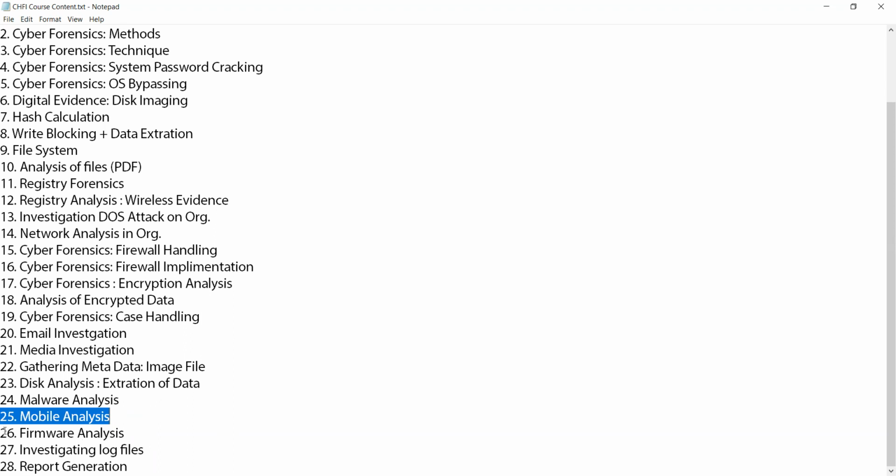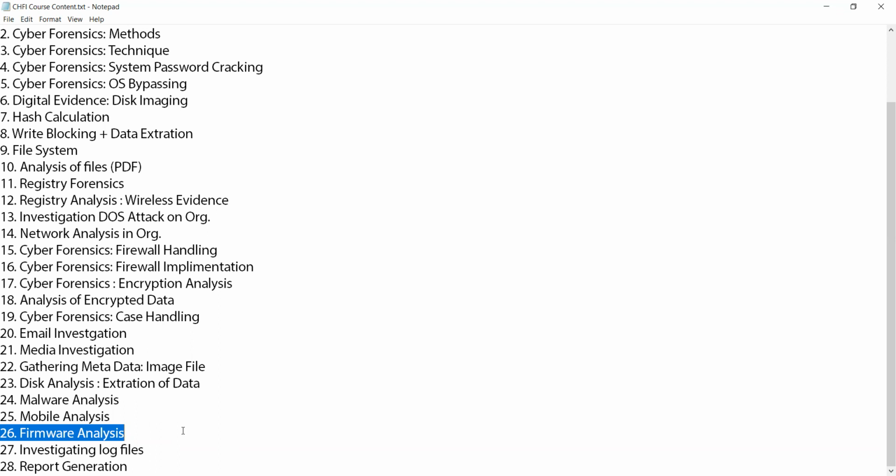The next thing is firmware analysis, guys, and firmware analysis is very important because sometimes investigators acquire a type of device that is an IoT device. So in that case, the investigator needs to investigate that particular IoT device with the use of firmware analysis.